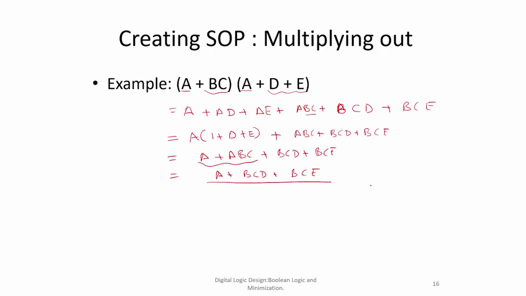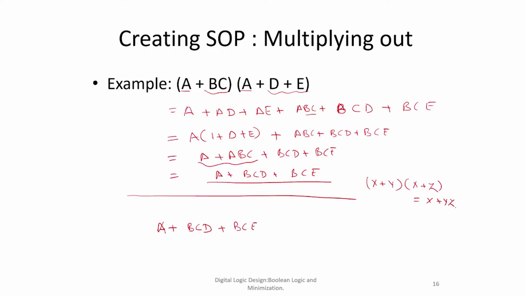The theorem was saying that x plus y, x plus z equal to x plus yz. If I use this theorem, then the alternative method would have been A is x, BC is y, and D plus E is z. So straight away we could have got this value A plus BCD plus BCE.